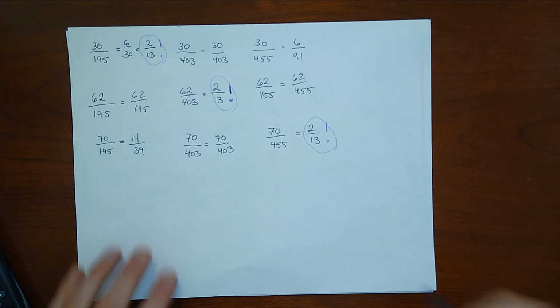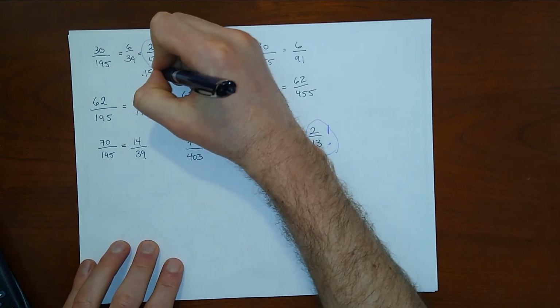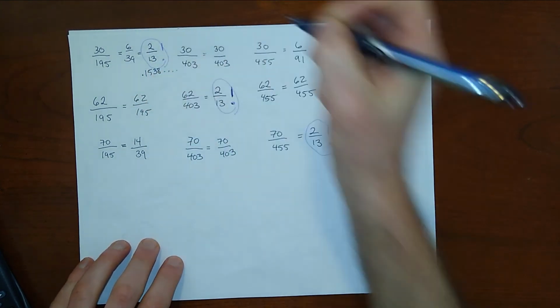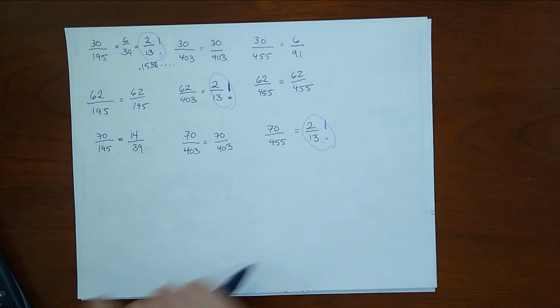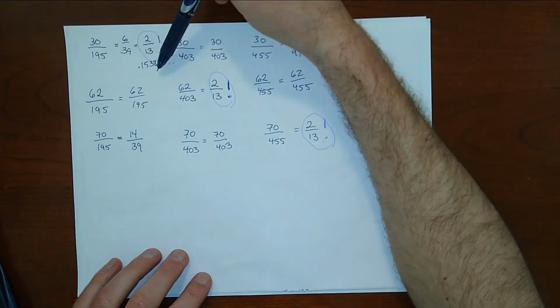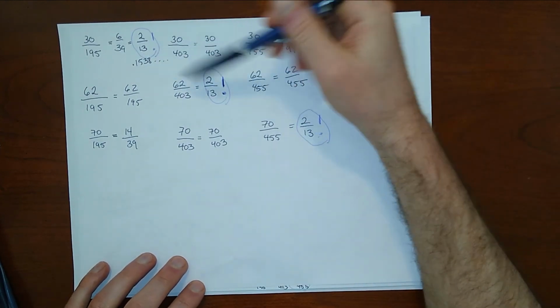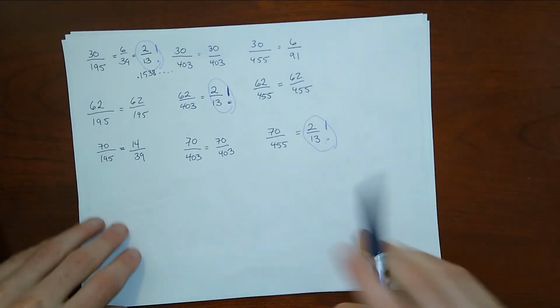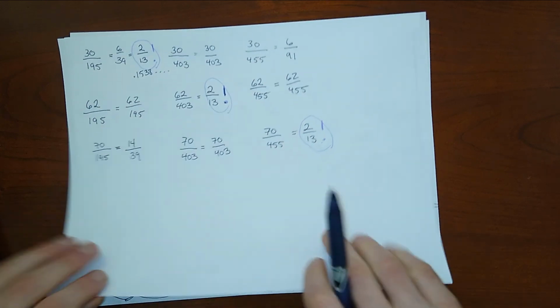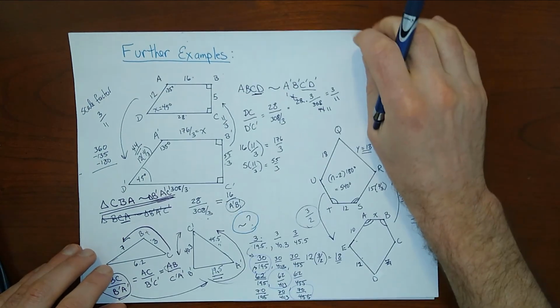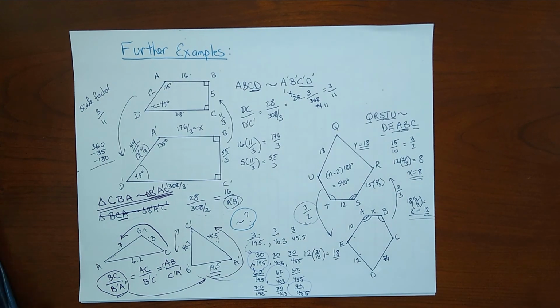Okay, so it's about, as a decimal, it's about 0.1538, so on. So do all these divisions and then just compare your decimals. And if you have a bunch of decimals that are the same, well, then that means your fractions are also equivalent. And so it's probably, in a case like this with the weird numbers, a faster way to check for similarity and proportionality.